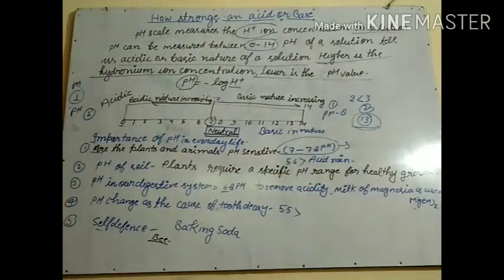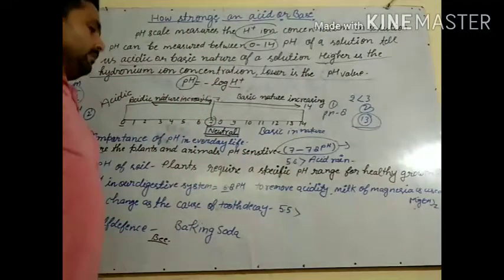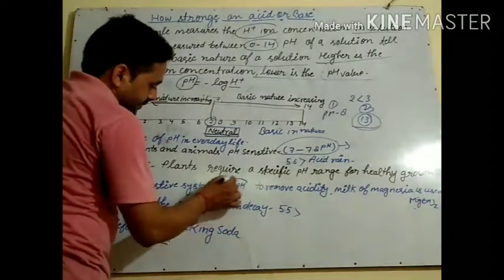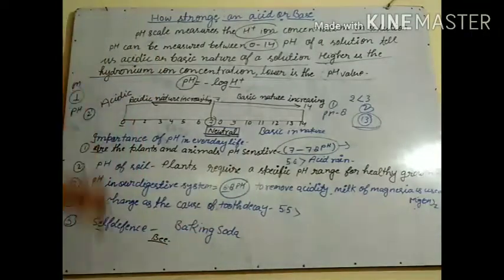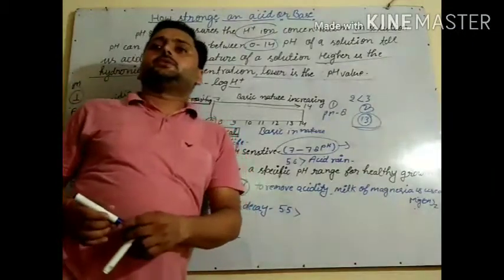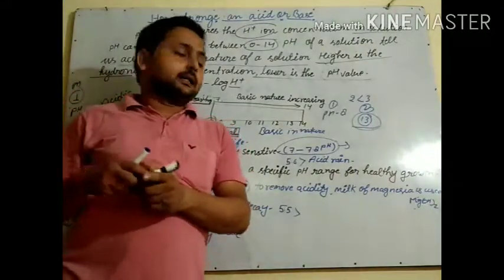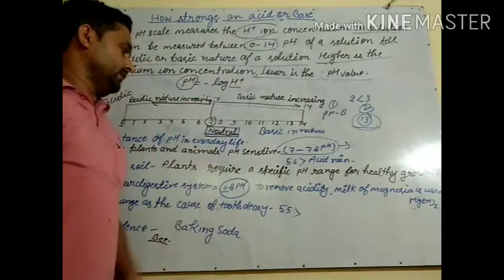Next is pH in our digestive system. Our digestive system works at 6.8 pH. You know that in our stomach, digestive juice, hydrochloric acid, is secreted, and that helps to digest the food.